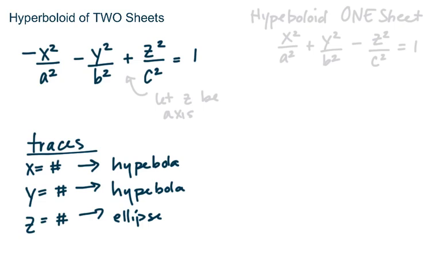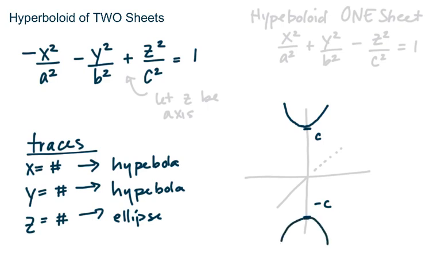But this one looks a little different. We actually end up with a graph where we would travel up and down some c value. We'd have a positive c and a negative c. And then we have this hyperbolic shape, up and down, and rotating around.